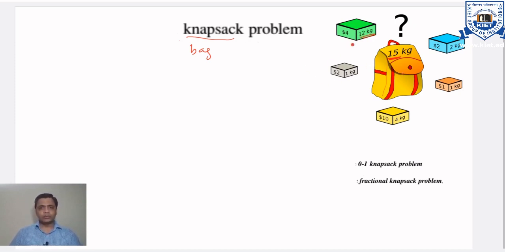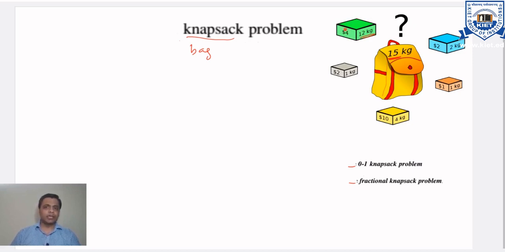Now there are two versions of this problem. So this is the general statement of the knapsack problem. Now there are two versions of that, the 0-1 knapsack problem and the fractional knapsack problem. In the 0-1 knapsack problem version, it is assumed that each and every item you have to pick as it is. Means if the thief has decided that this item should be picked, then there should be no fraction.